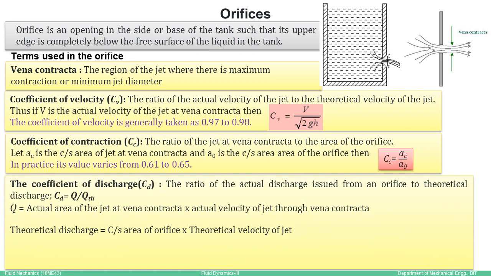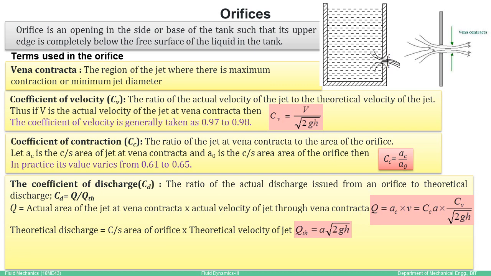Now coefficient of discharge is the ratio of actual discharge issued from an orifice to theoretical discharge. Actual discharge at the vena contracta can be found by the actual area of the jet at vena contracta multiplied by the actual velocity through vena contracta. So that is given by Q is equal to Ac into V, where Ac is Cc into A naught, and Cv times root of 2gh is the actual velocity.